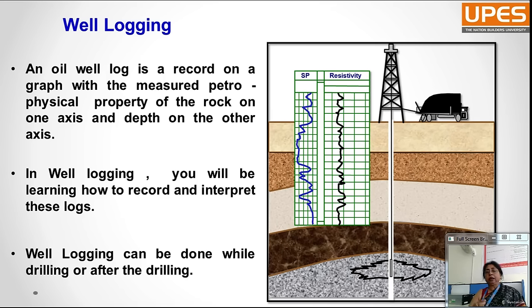When you learn the well logging subject, you will be learning how to record and how to interpret this, because interpretation is very important. When these graphs come, you have to interpret and say where is the shale bed, where is the sandstone bed.